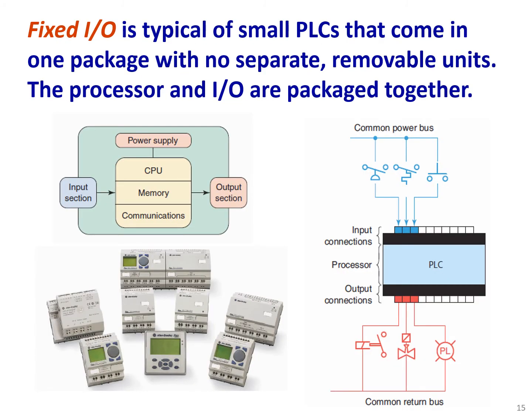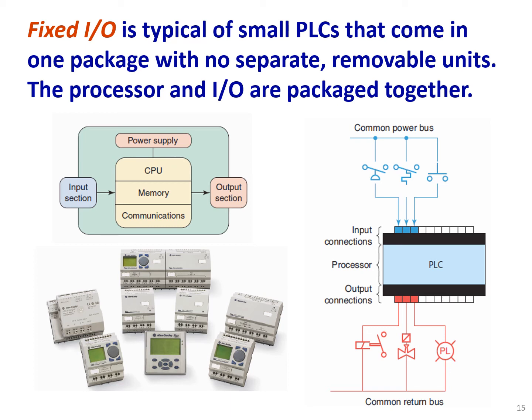We could have two kinds of PLCs, one with fixed I/O and one with modular I/O. Fixed I/O is typical of small PLCs that come in one package with no separate removable units. The processor and I/O are packaged together.